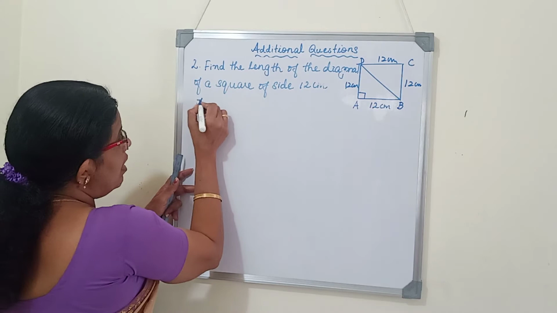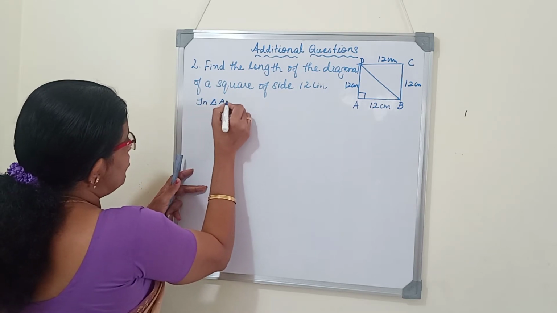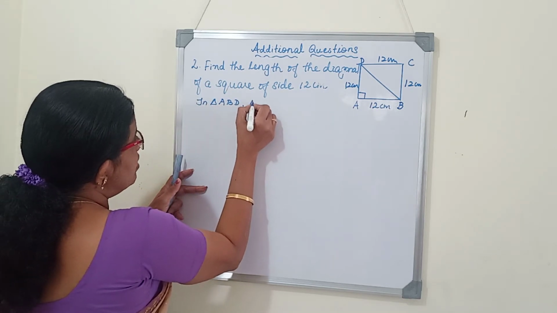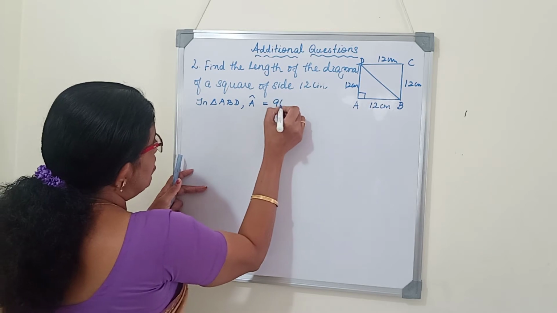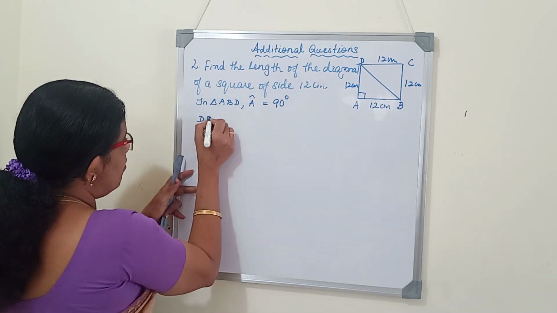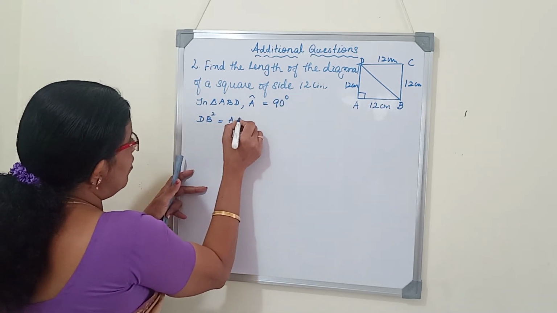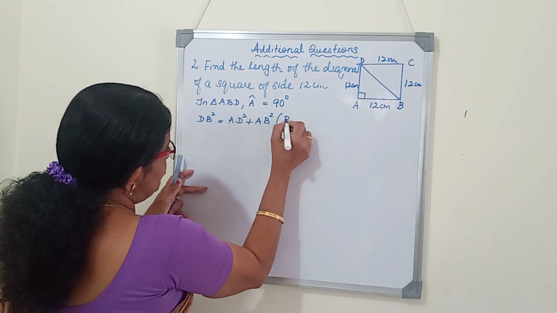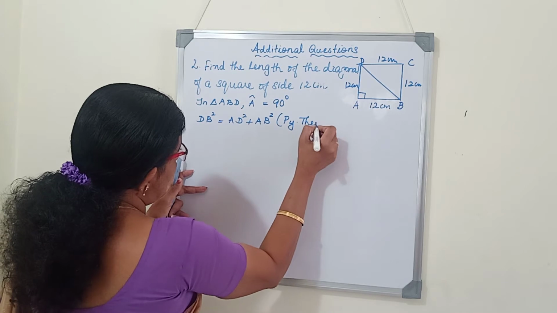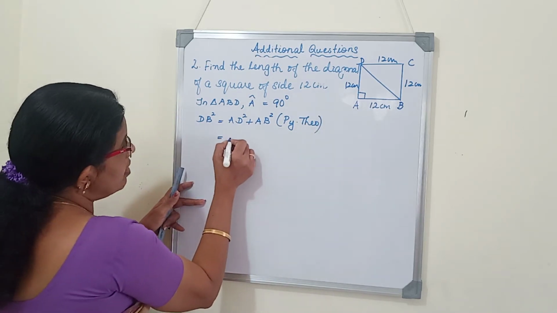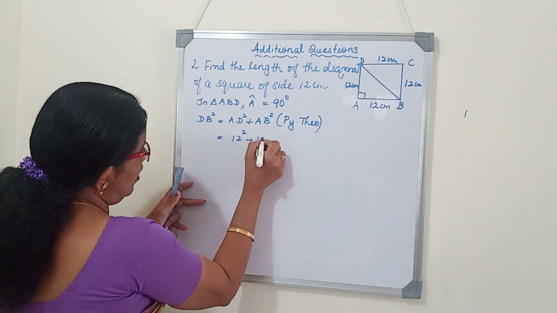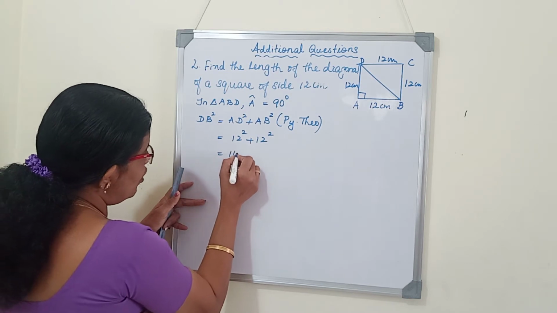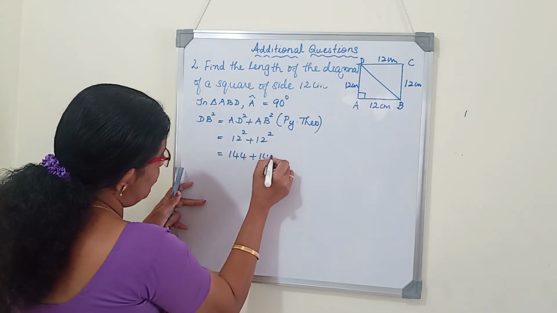So in triangle ABD, angle A equals 90 degree. DB square equals AD square plus AB square, equals 12 square plus 12 square, it is 144 plus 144.